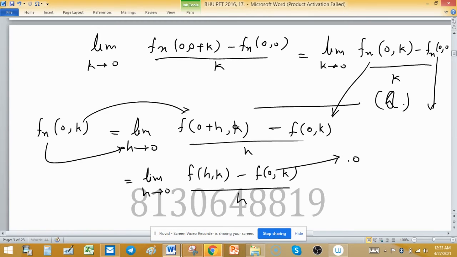This second term goes to 0 by the defining way of the function f(x,y). One coordinate is 0, because the function is defined as xy squared divided by x plus y.